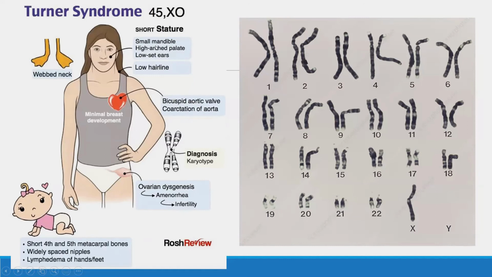Sometimes they have a low hairline, bicuspid aortic valve, and so on and so forth. So these are just some issues that you can have with having too many or too few chromosomes.